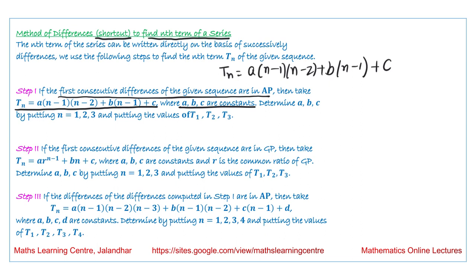We can determine the values of A, B, C by substituting n is equal to 1, 2, 3 and putting the values of the terms T1, T2, T3 in this equation.